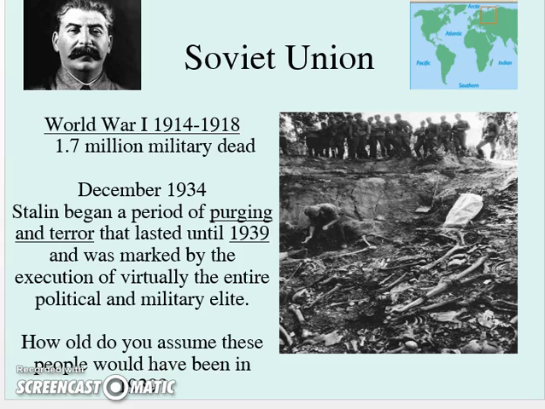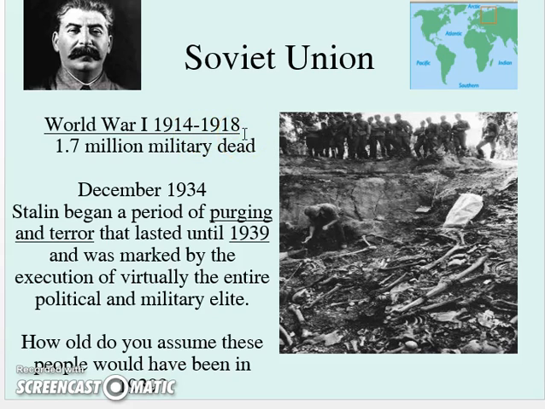Another thing that population pyramids will tell us is how historical events have affected the population. If, for instance, you take into consideration World War I between 1914 and 1918, there were 1.7 million military members who died during this time period. Those are going to be men that are anywhere between 16 to maybe 30 years old in this time period.